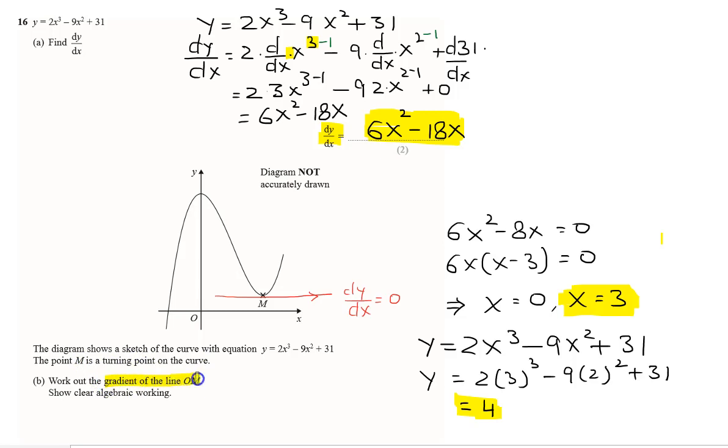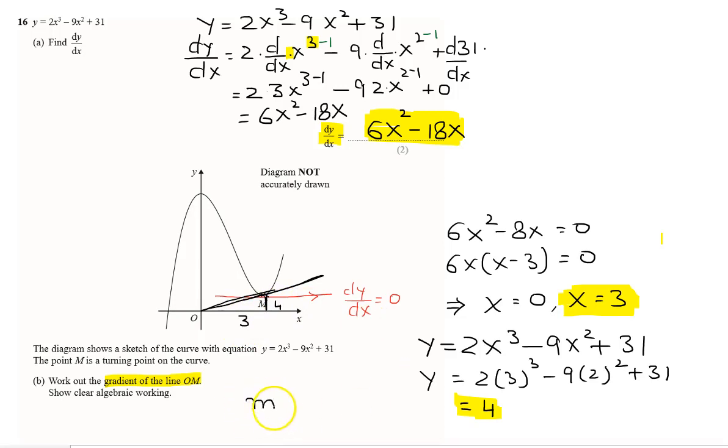We have to find the gradient of line OM. The gradient of this line. So we know clearly this is 3 and this is 4.